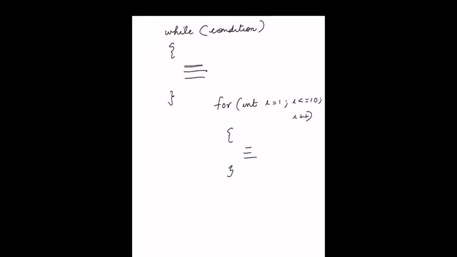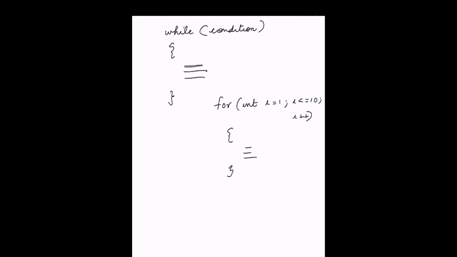But we need some sort of counter to count how many times the loop should be executed. Whatever be the type of loop, whether it is for loop, while loop or do while loop, there should be an exit condition. There should be a condition which will allow you to come out of the loop. Okay, if you are not coming out of the loop, the problem is you will go into an infinite loop and the program will never terminate.